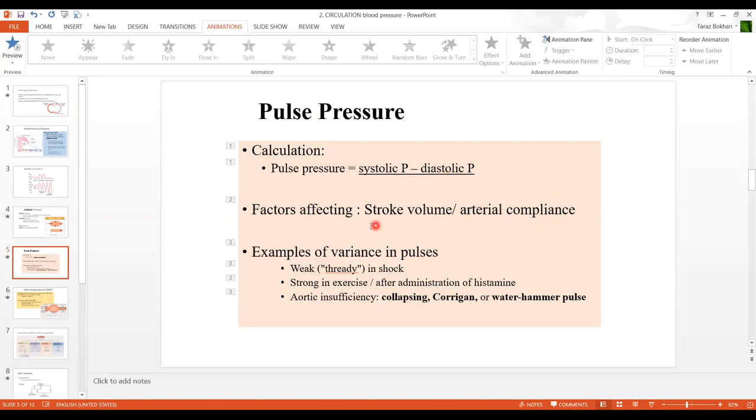Okay, these are some of the examples of pulse pressures. A weak and thready pulse. You'll study shock in the end, very briefly, to introduce it, shock basically is an inability of the circulation to provide adequate blood flow throughout the circulation. So everything goes down, all the pressures go down.